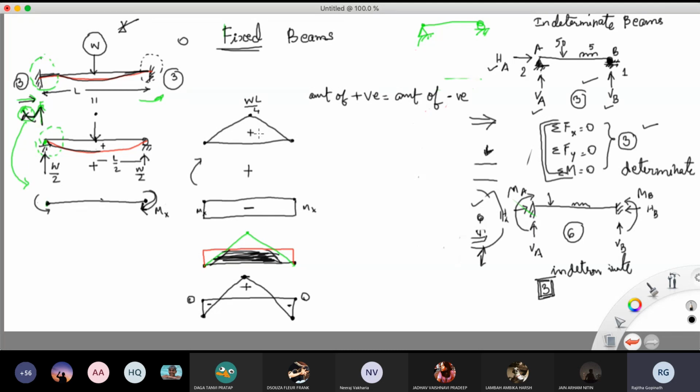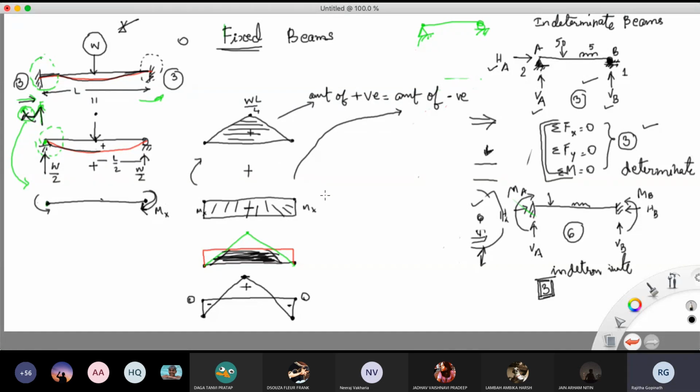So if that is the case, we can also figure out that the total quantity of positive and the total quantity of negative have to be equal to each other, right? The way we can figure out that total quantity is by taking the area, right? So the area of this positive moment has to be equal to the area of the negative moment.